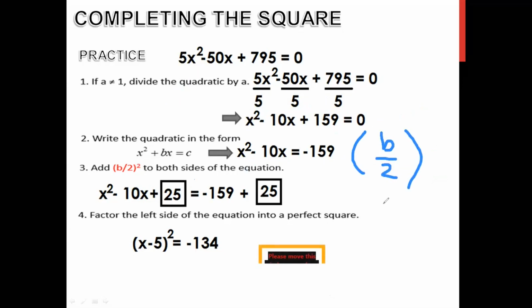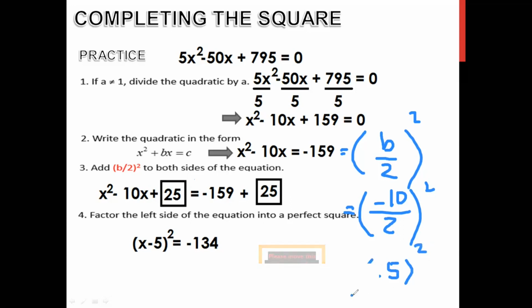Our b is negative 10, so negative 10 divided by 2 gives negative 5, squared, which is positive 25. So 25 should be added on both sides.